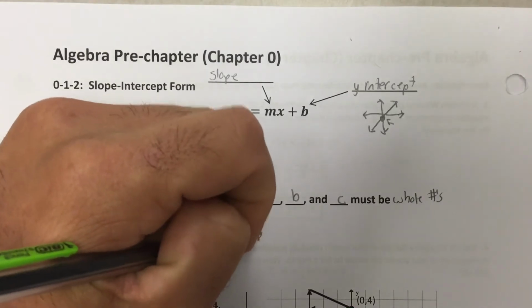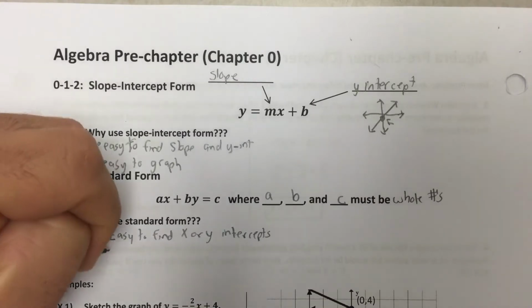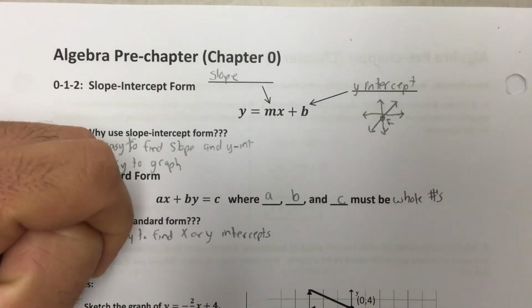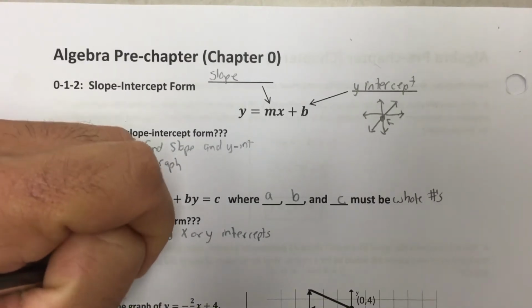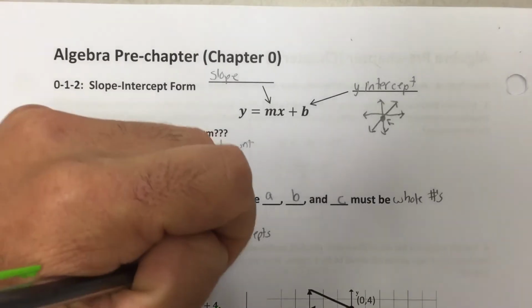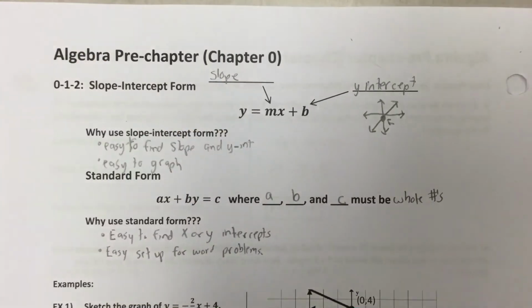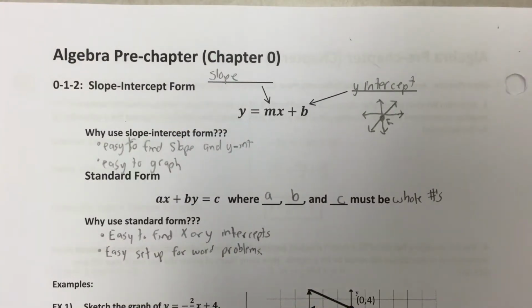And also, word problems are also set up easily for standard form. All right, so we're going to look at a lot of different representations today out of this slope-intercept form.